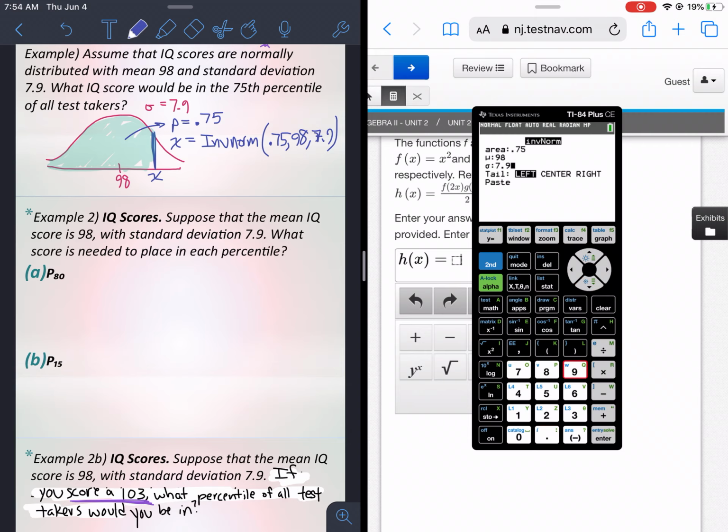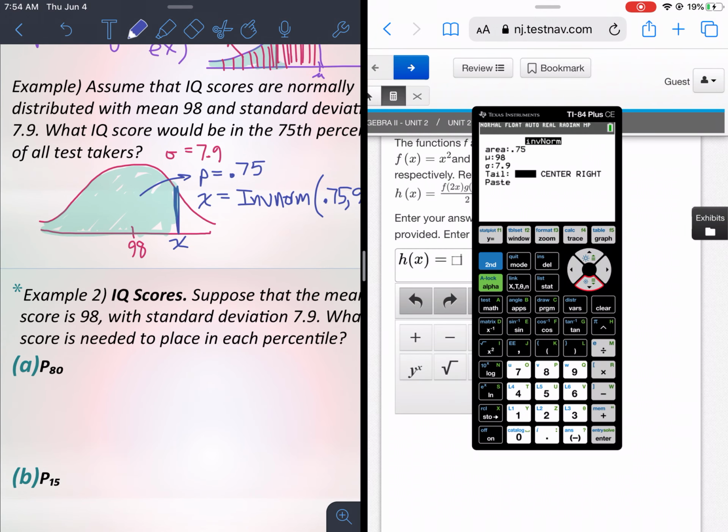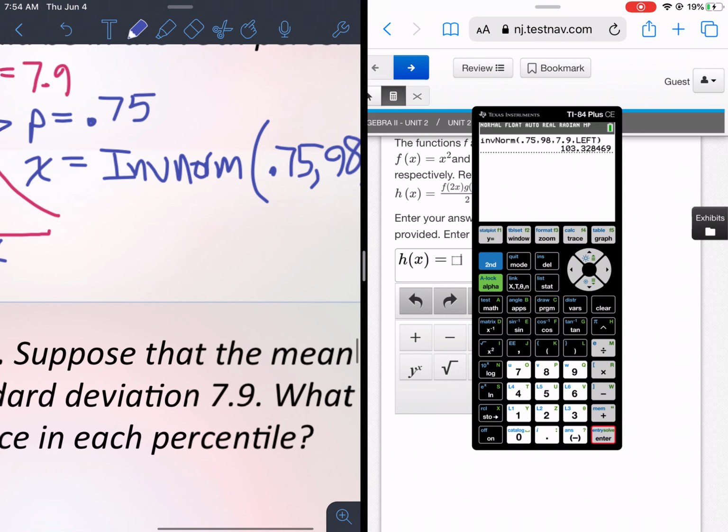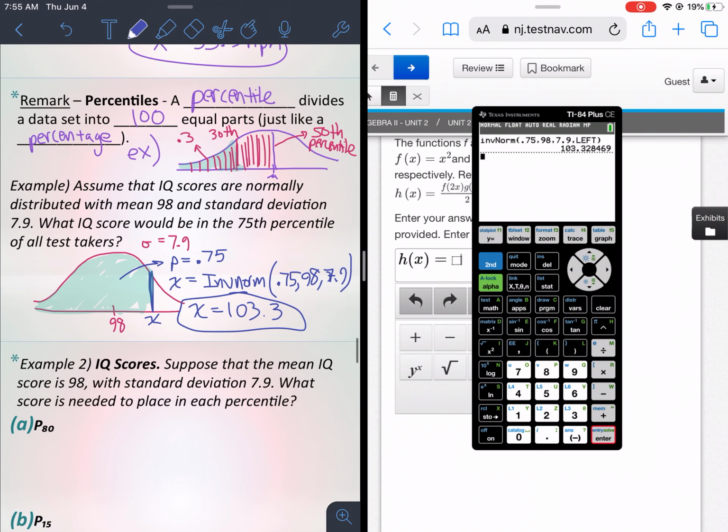We're interested in the shaded region to the left, so that means I'll leave it as left, paste, and enter. And I got a score of 103.3. You can get a score over 100 on the IQ test.